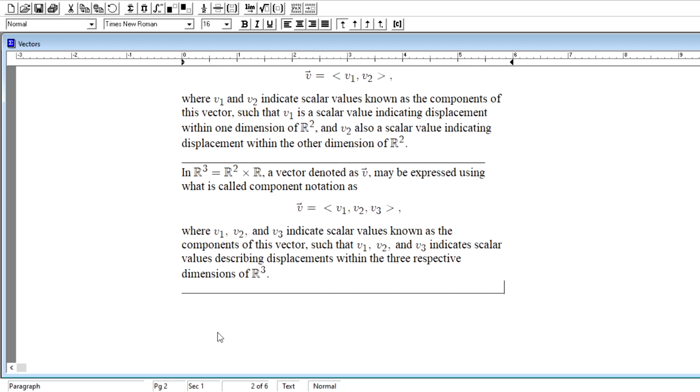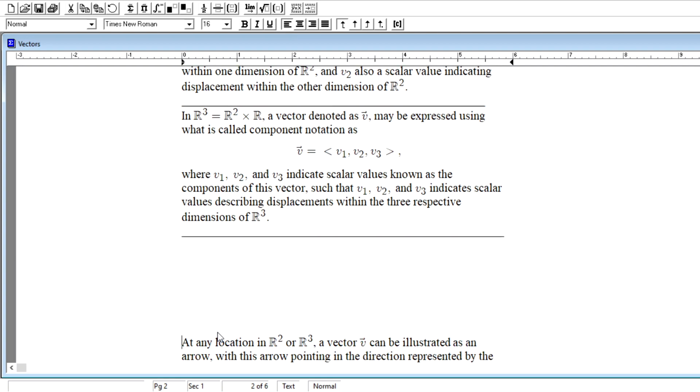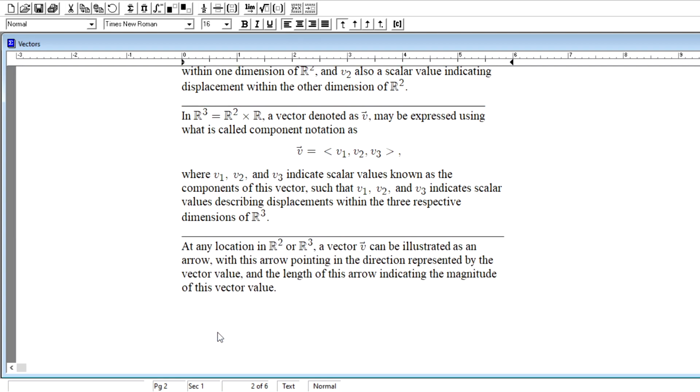Let's take that a little further. At any location in R2, R3, a vector v can be illustrated also as an arrow, where scalar values are often thought of as being like points on a number line.